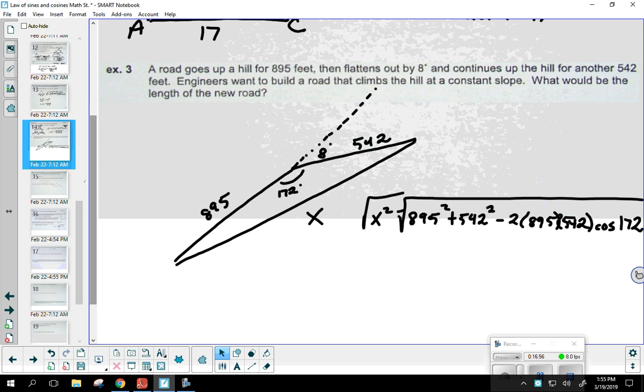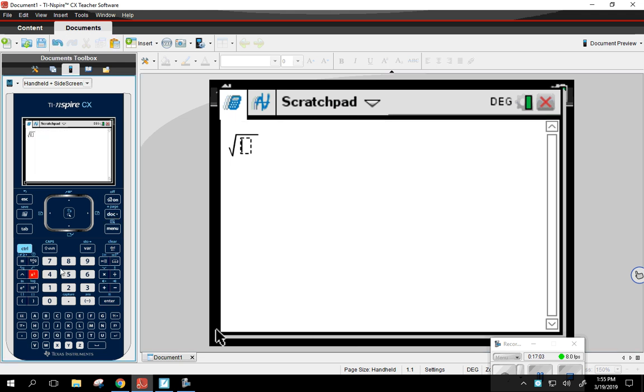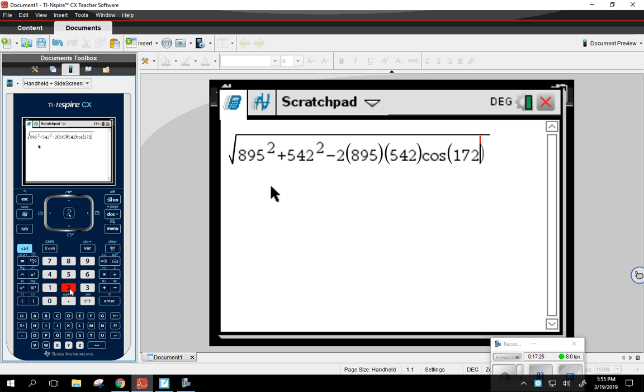Hopefully we all get the same length of road. So what should I get when I push enter?